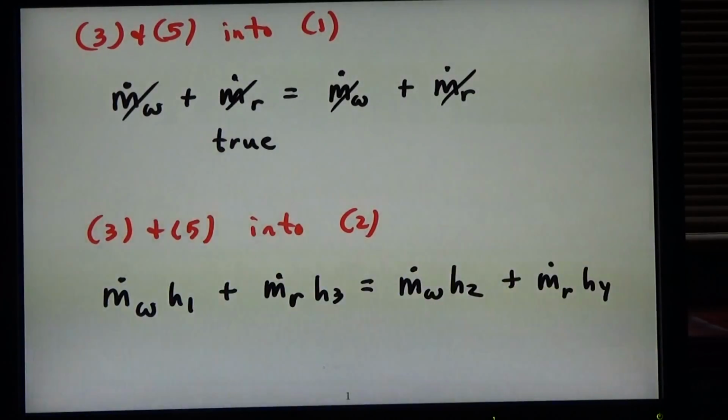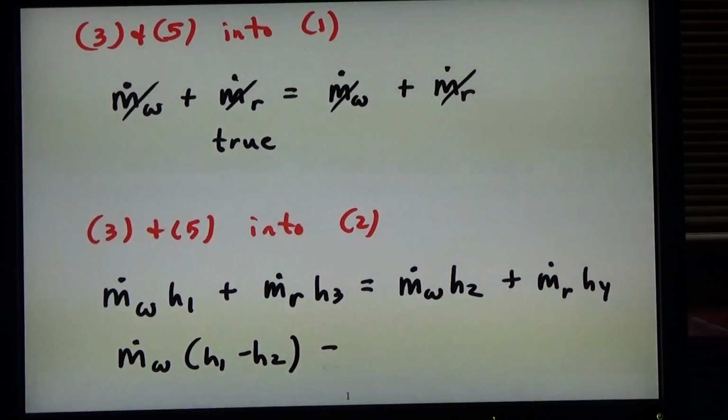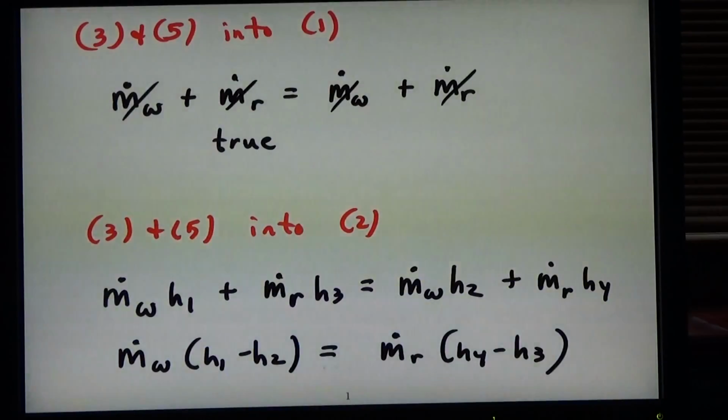From this equation, we can actually find something useful. We can combine some like terms here and get an equation that looks like this. Now we have a very useful equation. We have the mass flow rate of the water, that's what we're solving for.